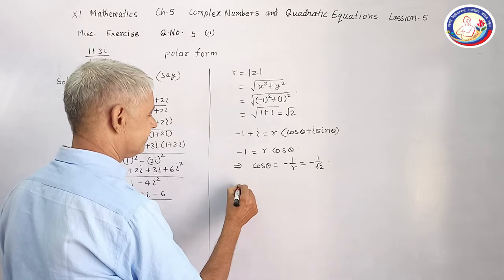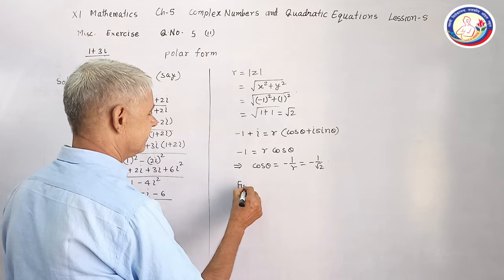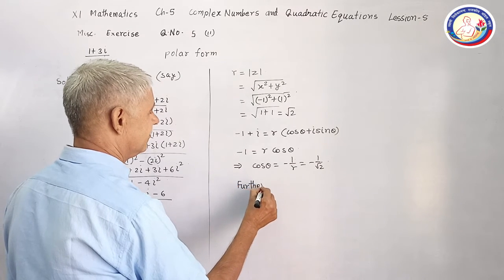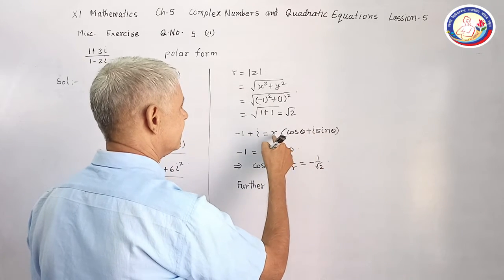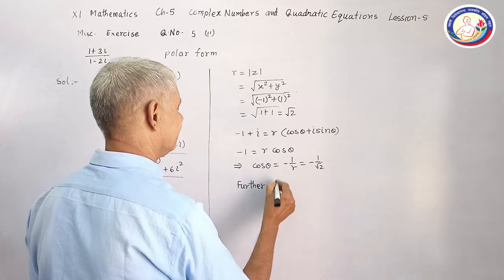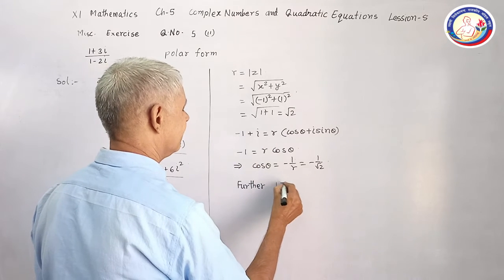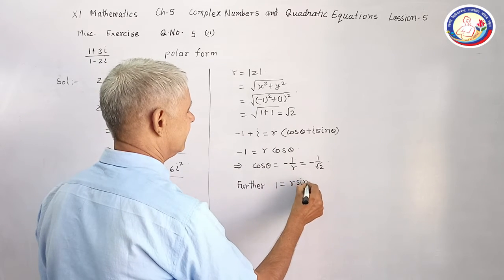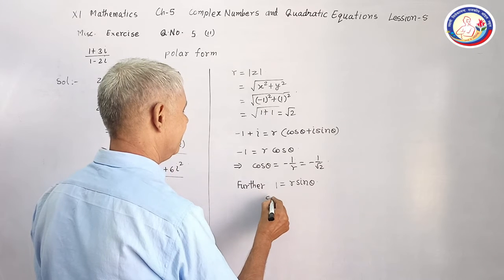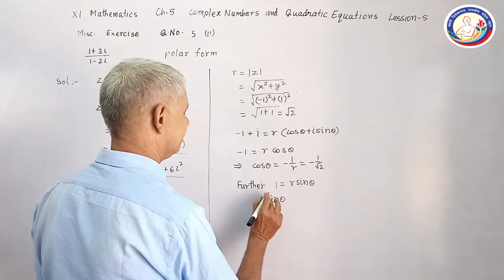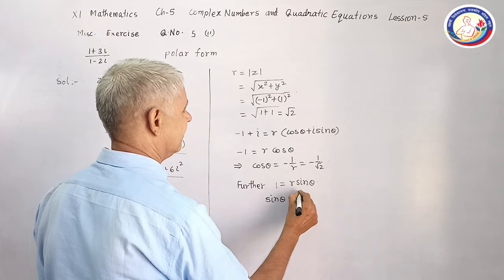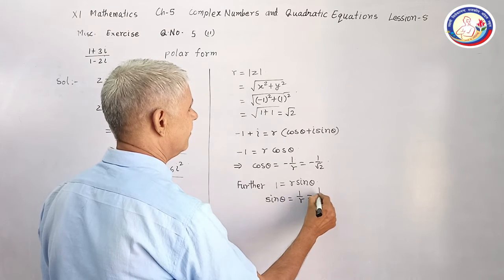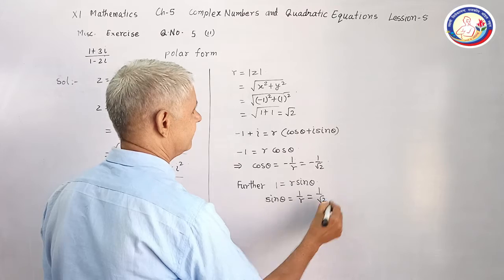Also, we will have r sin theta equal to 1, and sin theta will be 1 upon r. Its value will be 1 upon root 2.